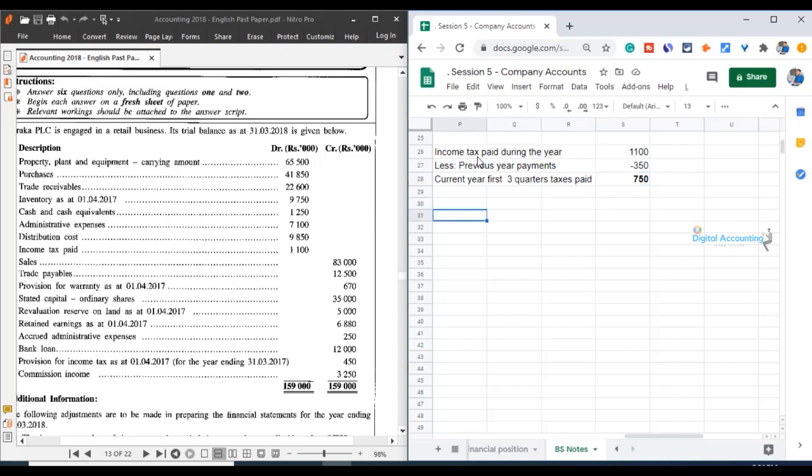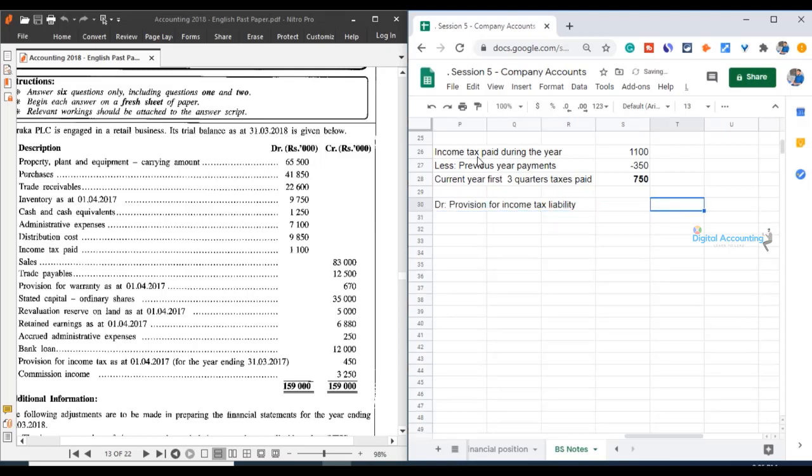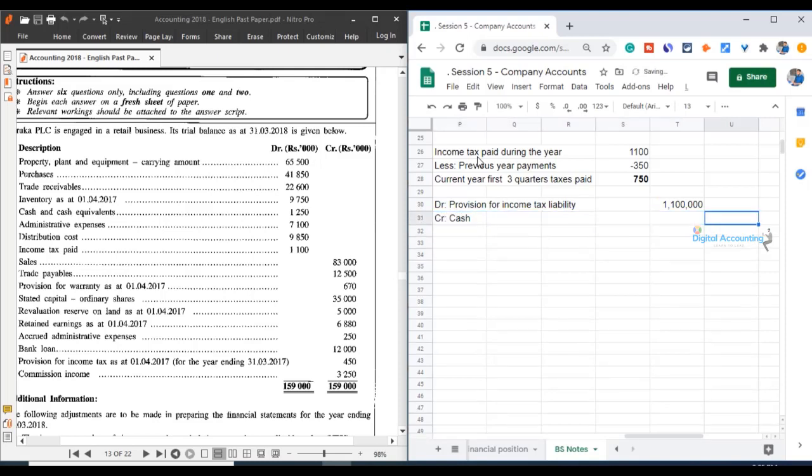So when the income tax is paid, the double entry will be: debit, we need to reduce the income tax liability, the provision for income tax liability account, that is 1,100, the total we have paid during the year. And also we need to credit cash, as it will be an outflow. So this is the total amount we have paid.